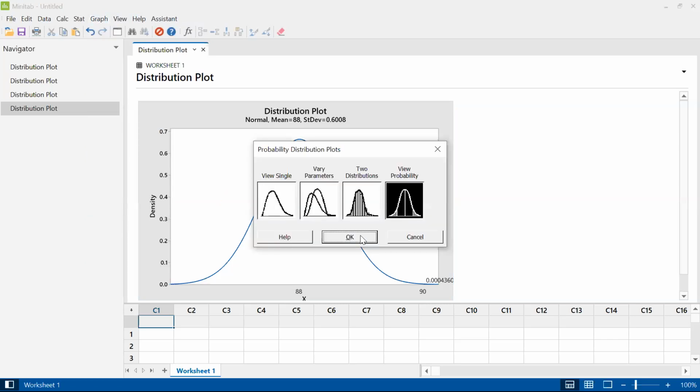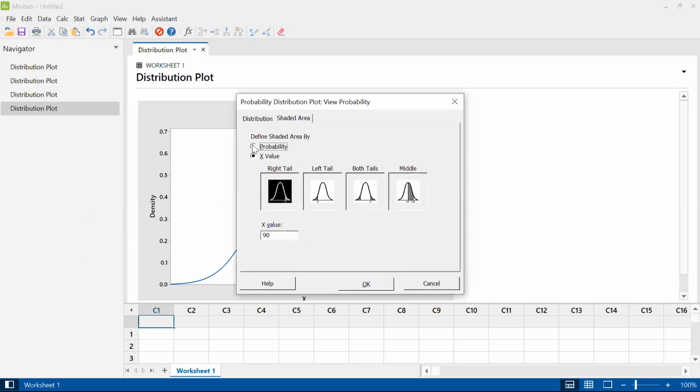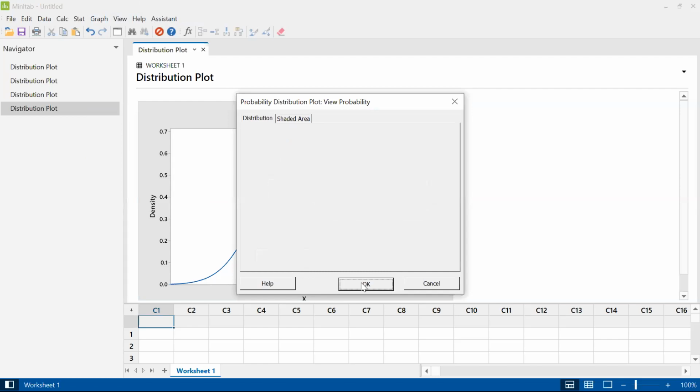So let's find our 90% interval. This time we know the probability. This is all set up. The numbers are in there from before. We want a range that has a 90% chance that we're going to land in. That leaves a 10% chance that we're in the tails, split evenly among the two tails. So we do both tails, 10% for the two tails, hit OK.